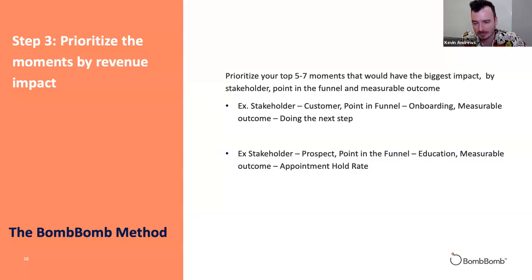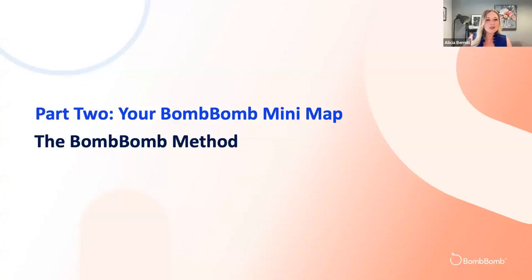I love what you said there, Kevin. I love that you hammer that point home, because it is really important that if you're feeling overwhelmed by listing out all of the stakeholders and all of that, you just start with one place, one spot in your business where people are dropping off, which is a perfect segue into part 2, the BombBomb mini map.